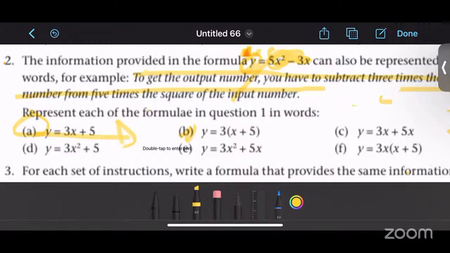To get the output number, you have to, in brackets, apply addition to the input number and 5, and then times it by 3. What is it that we have to do?